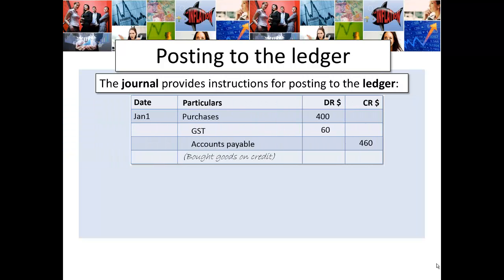So our journal, we've got purchases of 400 and GST of 60. With total purchases of 460, and 460 is what we owe in addition to anything else we had in our accounts payable.